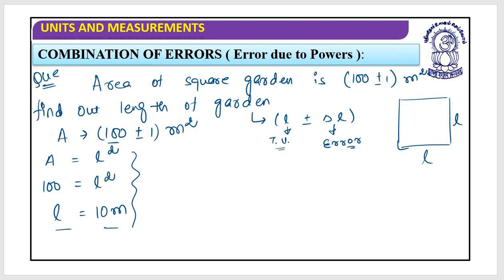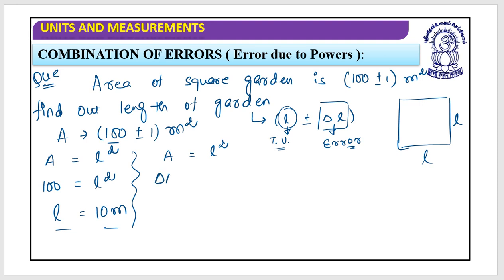Yes, well done. You have done half of the task. You now know L. Now your target should be delta L. How could I do this? Again, area is equal to L square. Now write down its error due to powers.